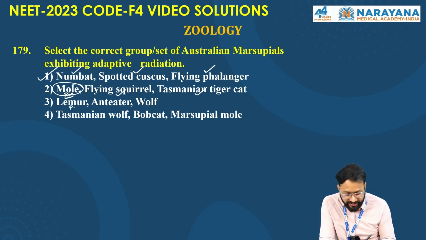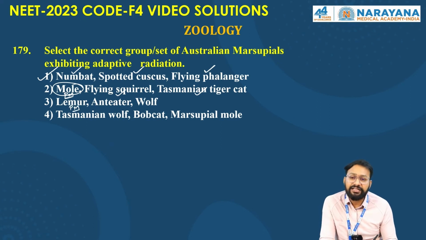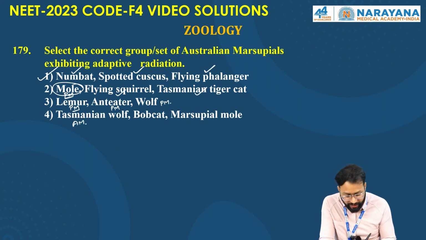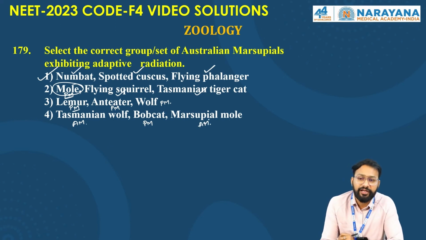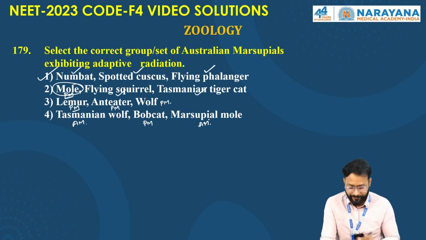Lemur, it is a placental mammal. Anteater, right? It is also a placental mammal. Wolf also is a placental mammal. Tasmanian wolf, Australian marsupial. Marsupial mole, Australian marsupial. Right? So from the adaptive radiation part of the evolution, this question is asked.